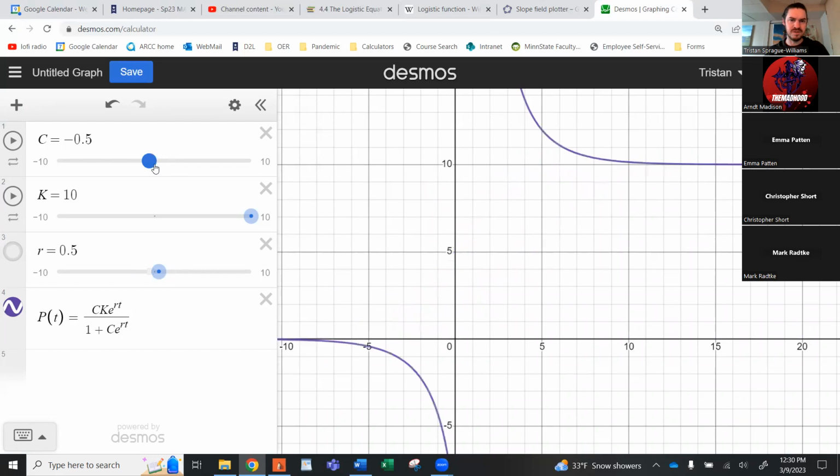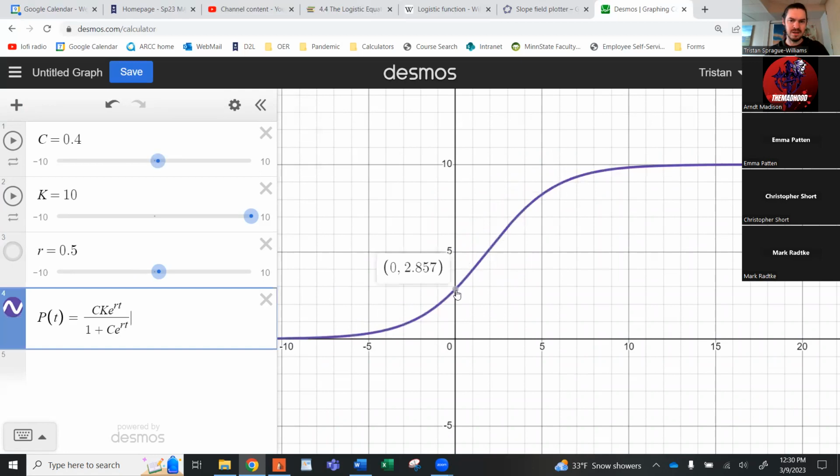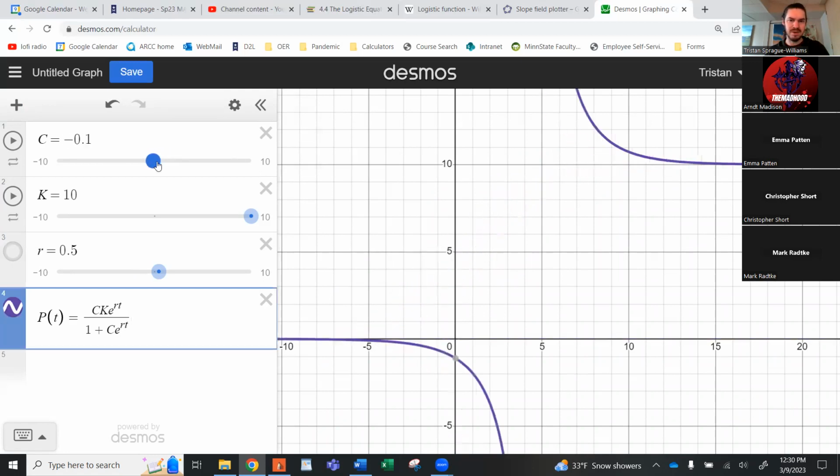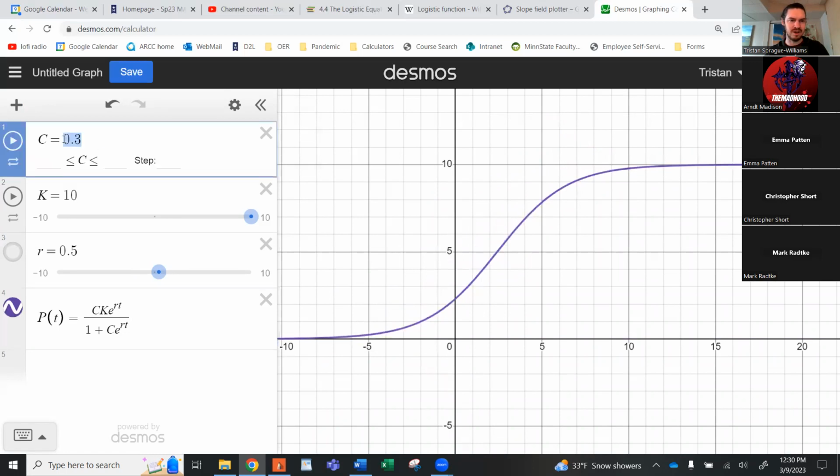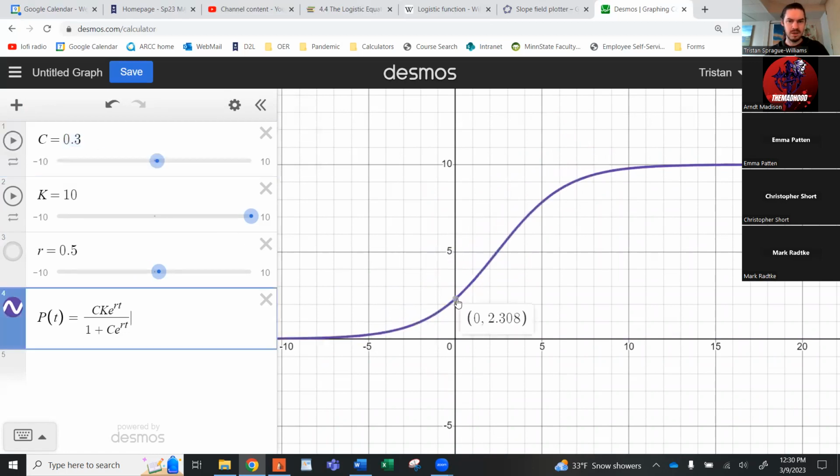And then if I change this C value, what you can see is it basically changes the initial value. It seems to be essentially changing this starting point. I have to shift that up and down, but it's not exactly equal to that starting point. Like if this is it? No, it's not.